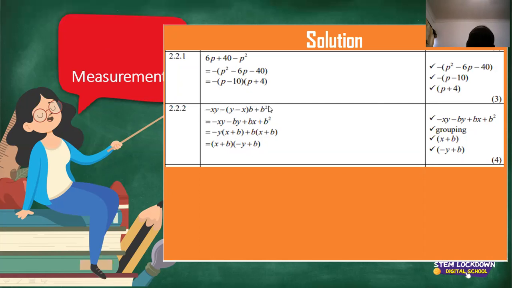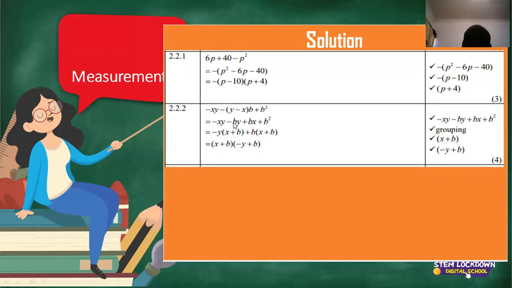We're solving this by grouping, but before grouping, we need to open up the bracket. So minus b times y gives you minus by, minus b times minus x gives you plus bx, then plus b squared. And then we can now group these two, and group these two.